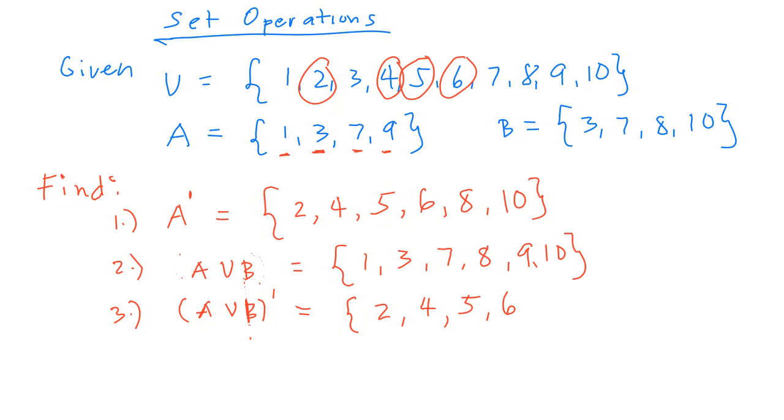So that would be the A union B complement. So that's 2, 4, 5, 6.